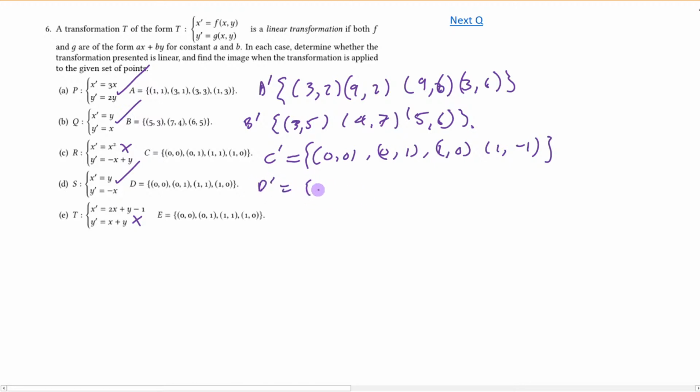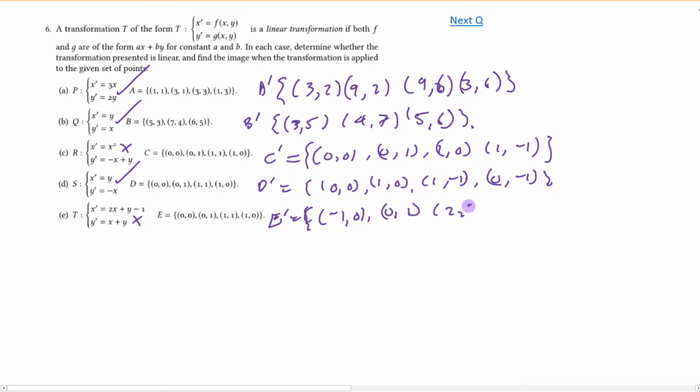So for D, we get 0, 0, 1, 0, 1 minus 1, 0, 1. And for E dash, we get minus 1, 0, 0, 1, 2, 2, and 1, 1.